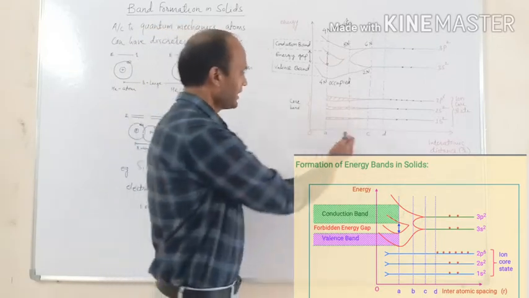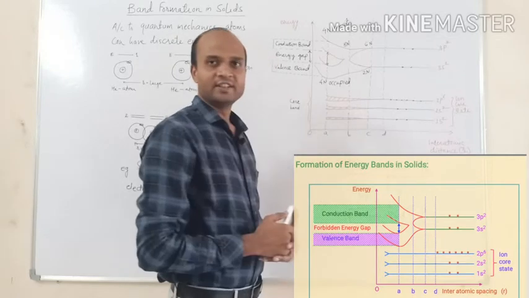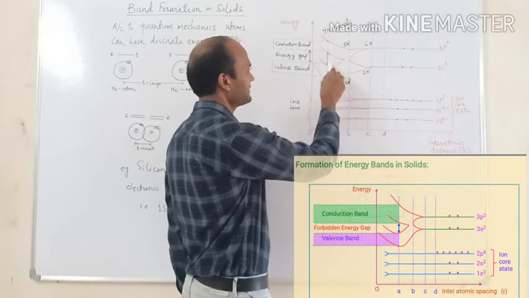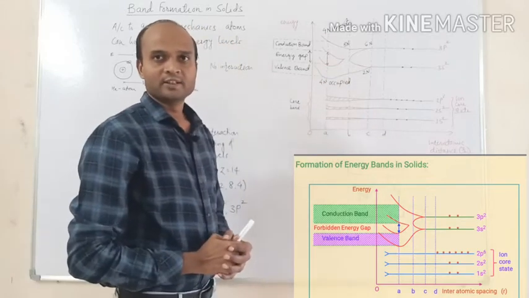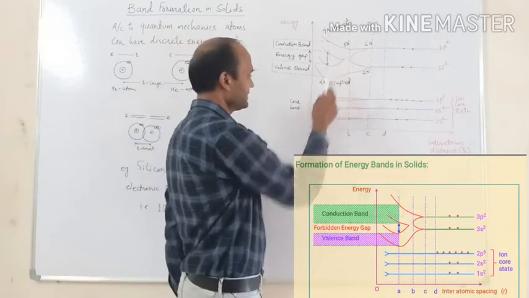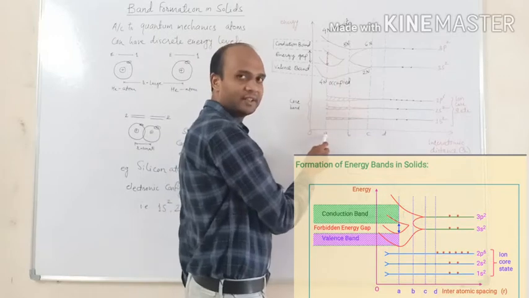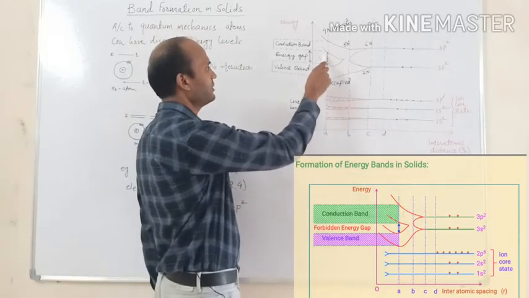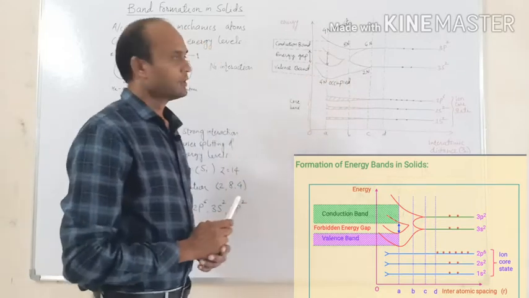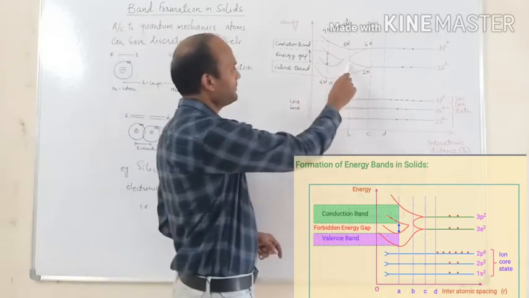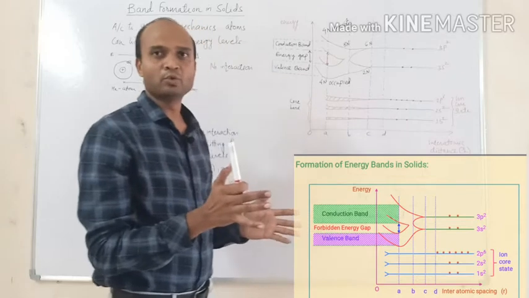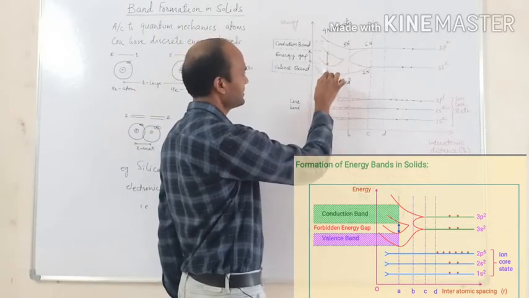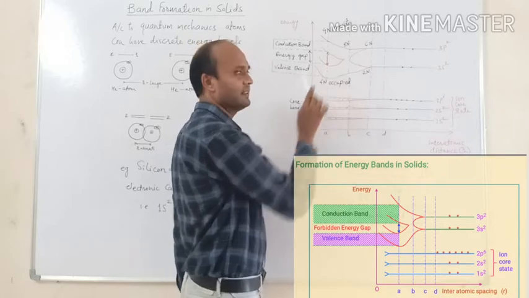Now again go on decreasing the distance between the atoms, then splitting of the shells will be like this, and at point A the structure will be like this. So that combined band is again split into two bands, one here and another here.